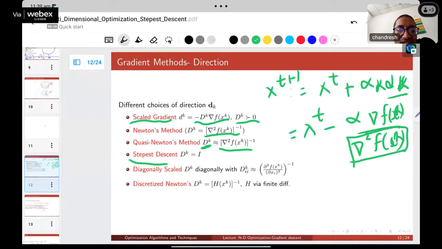Then there are diagonally scaled and discretized Newton methods. So depending on how you set d_k, you get many algorithms. Various forms of algorithms are formed based on this Hessian: approximate Hessian, inverse Hessian, and so on. All of them are coming.